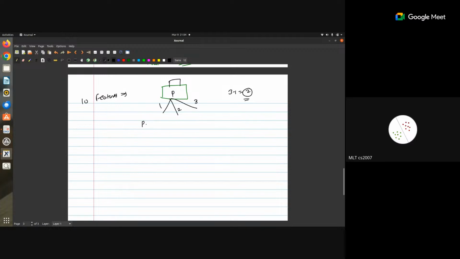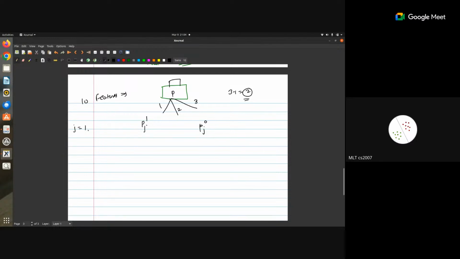If you have two classes, you'll have p_j for the zeroth class or the class 1, and this notation is for the class. This is p_j for class 0, where j is the number of features. So j will go from 1 to 10.